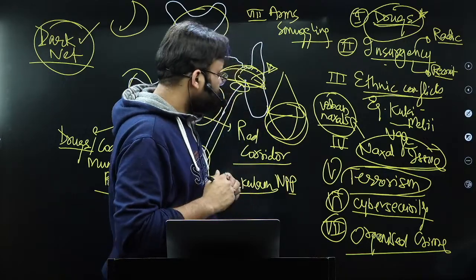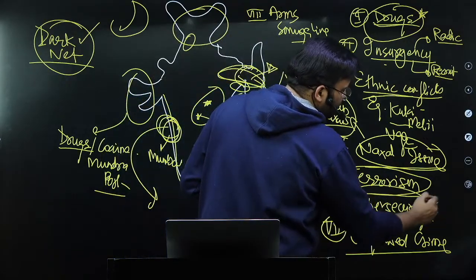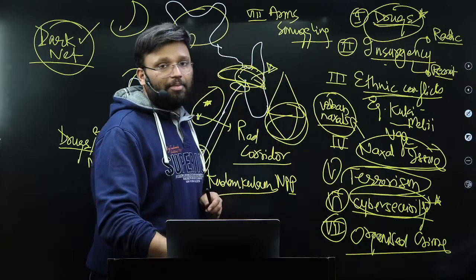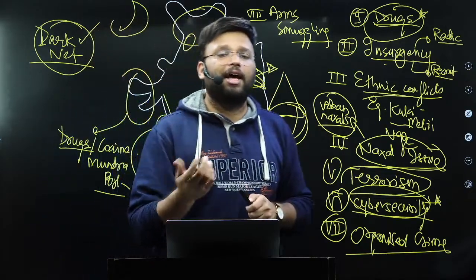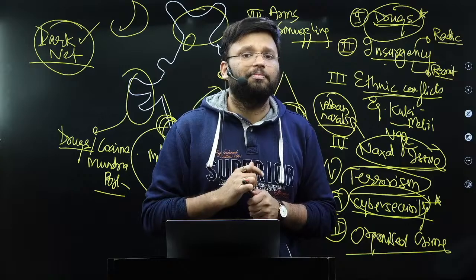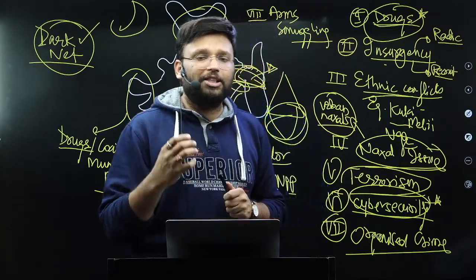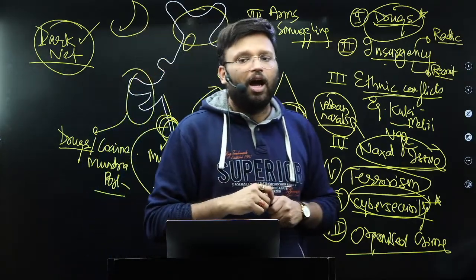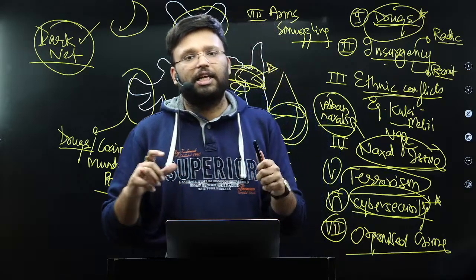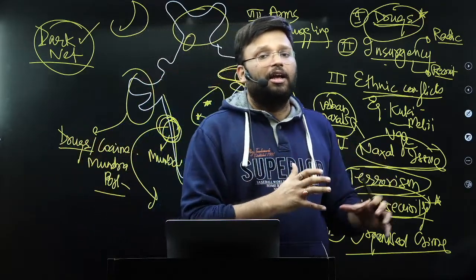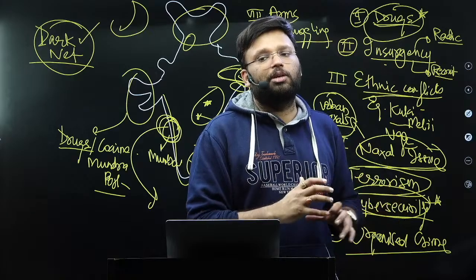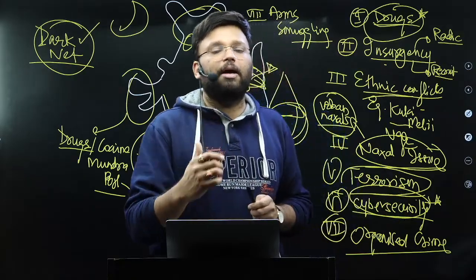Okay. Then cyber security. In cyber security also you will explain what the role of media is. Again, media is making people aware about different cyber crimes. We are seeing how RBI is using social media to make people aware through different campaigns.